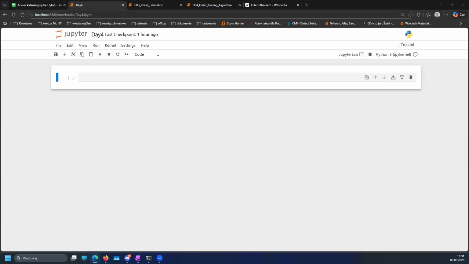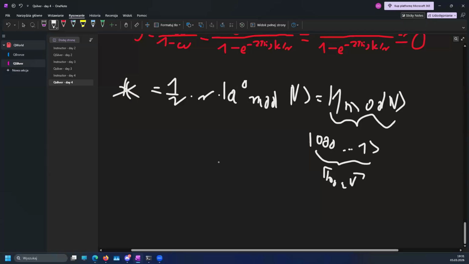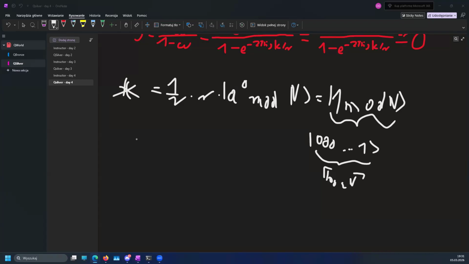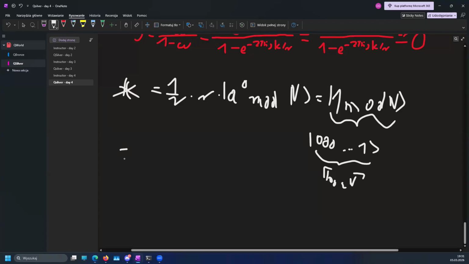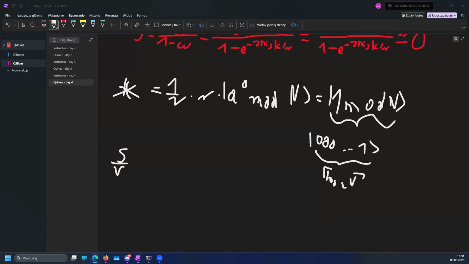Okay, so by using this, once we have found S divided by R and we prove that this is indeed an eigenvalue of our operator, our modular exponentiation operator, then we can use the quantum phase algorithm to find the eigenvalue. So in other words, also to find S divided by R.